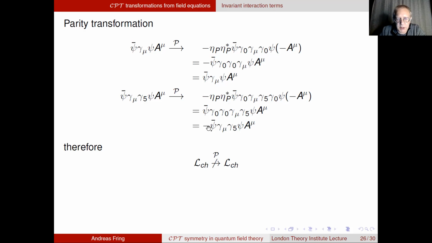Now we see again that this term is not invariant under P because of this minus sign. It transforms into the same, but with an overall minus sign. So the chiral interaction term is also not individually invariant under parity transformations. But you can guess already what comes next. We just combine them. P and C combined will compensate the minus signs we pick up in each of the individual transformations, and therefore under CP, the chiral interaction term remains invariant, but not individually.